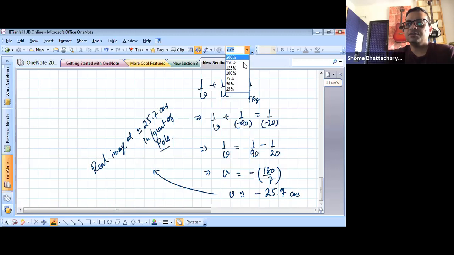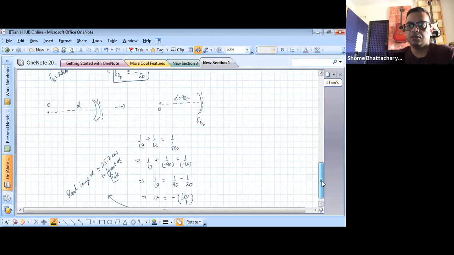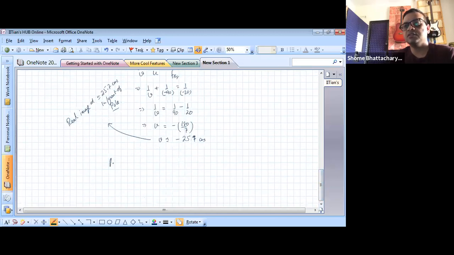Now, just as a practice, I want you to also calculate this by the single events method. So also verify this by the fundamental method. The light coming refracts, reflects, refracts.